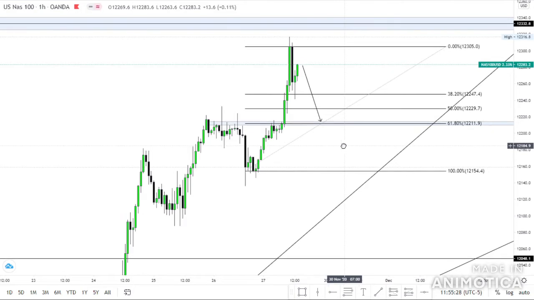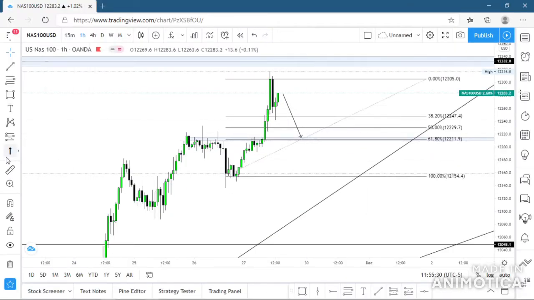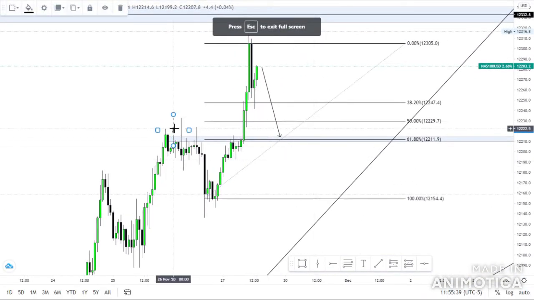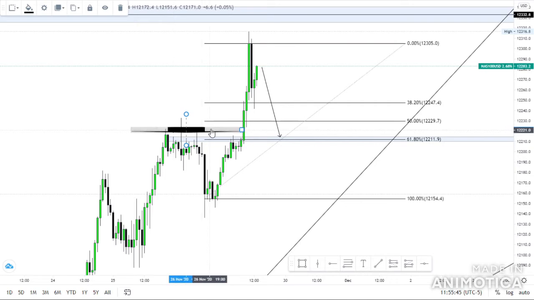it also lines up with some resistance that we have right about here. You can see we have resistance there with all these wicks respecting price. Just remove this.